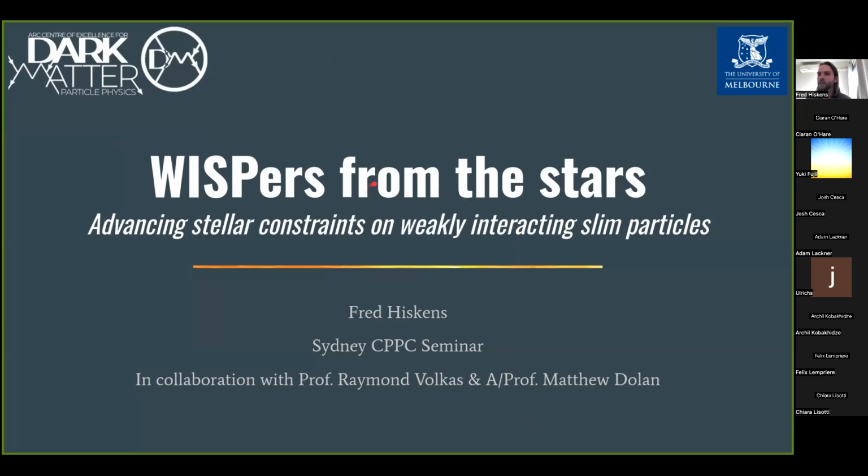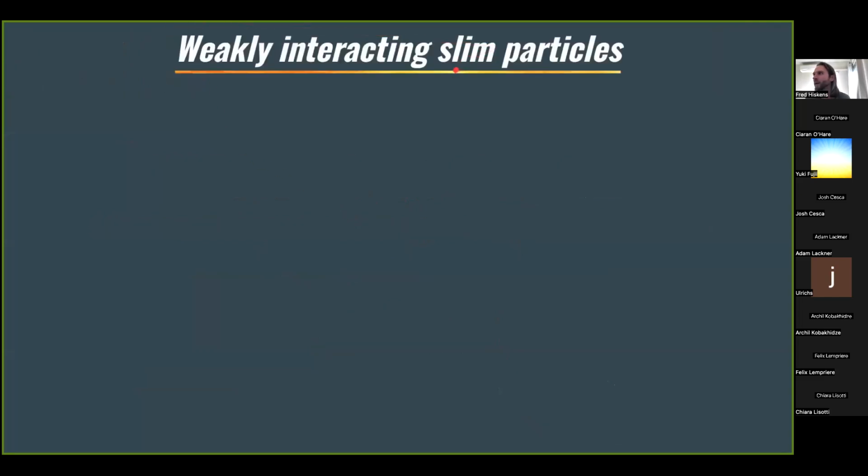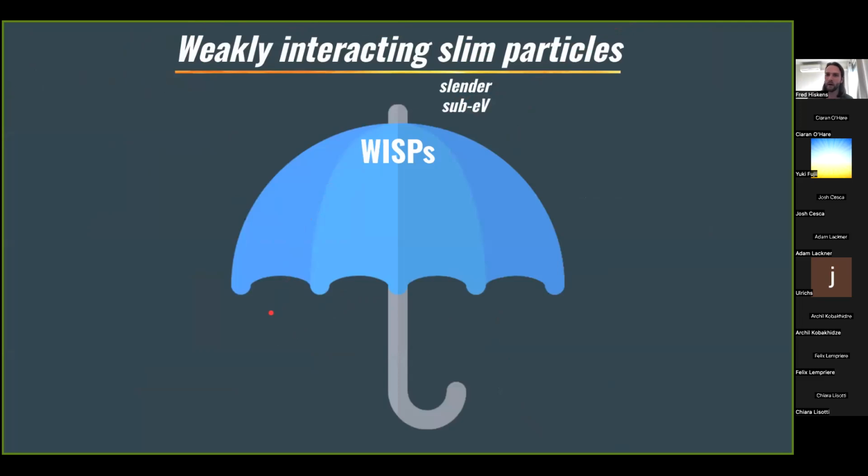And so I thought I'd start by just having a look at the different elements in this title here, starting with WISPs, or the so-called weakly interacting slim or slender or sub-eV particles. So really this WISP is just an umbrella term describing a collection of different light, feebly interacting dark matter candidates with a unifying characteristic that they must be non-thermally produced in the early universe in order to constitute viable dark matter candidates.